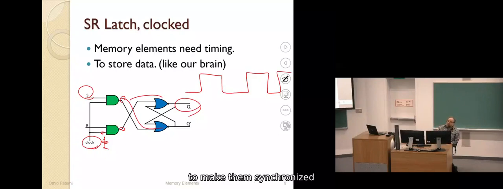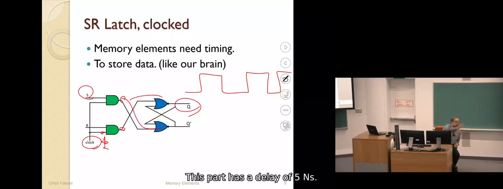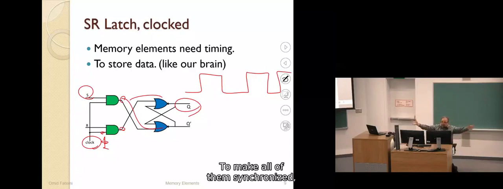So to make them synchronized, because they have different delays: this part of the circuit has a delay of 10 nanoseconds, this part has a delay of 8 nanoseconds, this part has a delay of 5 nanoseconds. So to make all of them synchronized, we put a clock there, for example, with a cycle time of 15 nanoseconds. So we give them a clock.